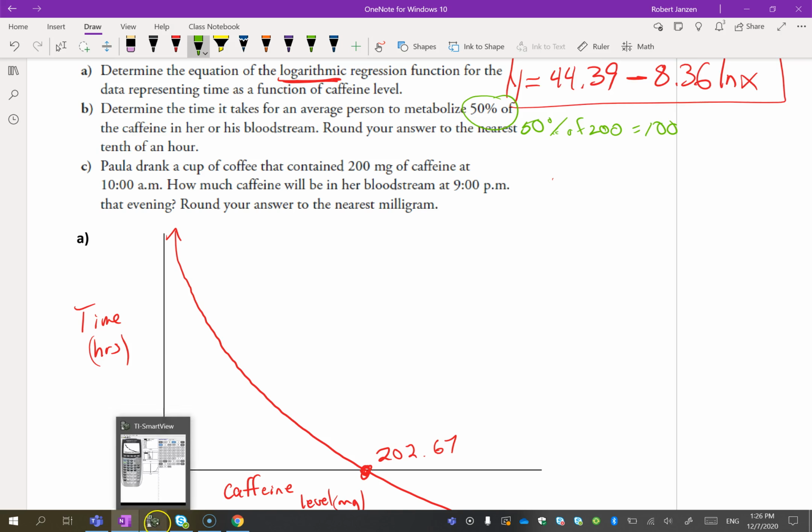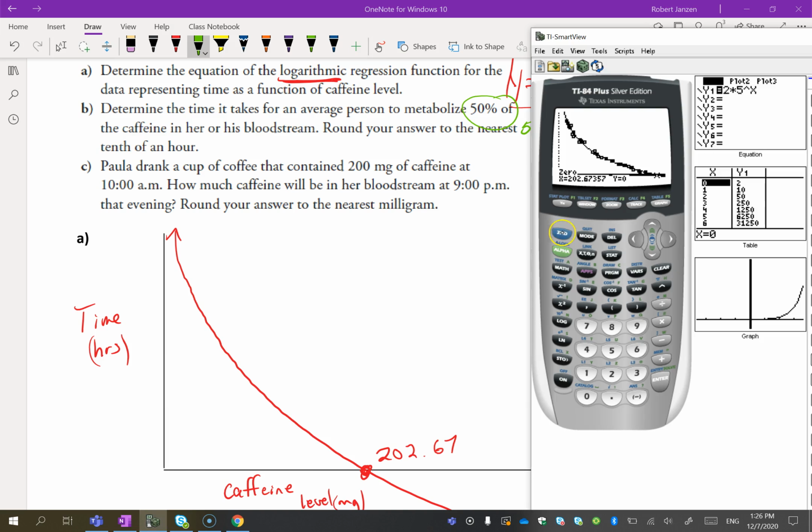Okay, so let's go here. We'll go to calc, and we're going to put the y value, or sorry, the x value as 100. I want to know when there's 100 milligrams, and it tells us it takes 5.9 hours.